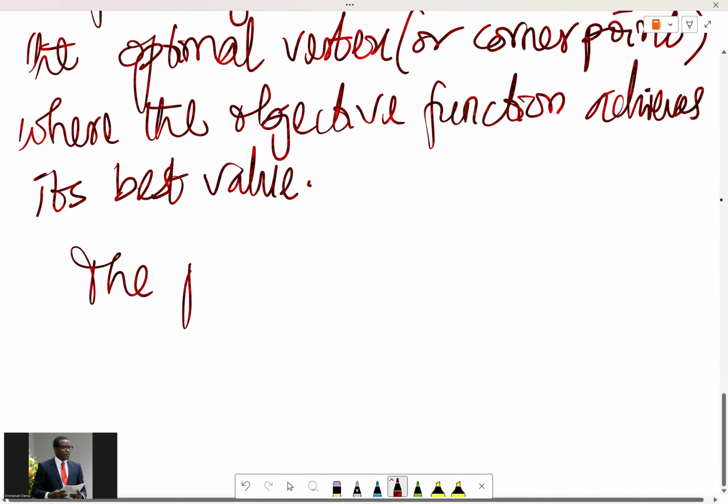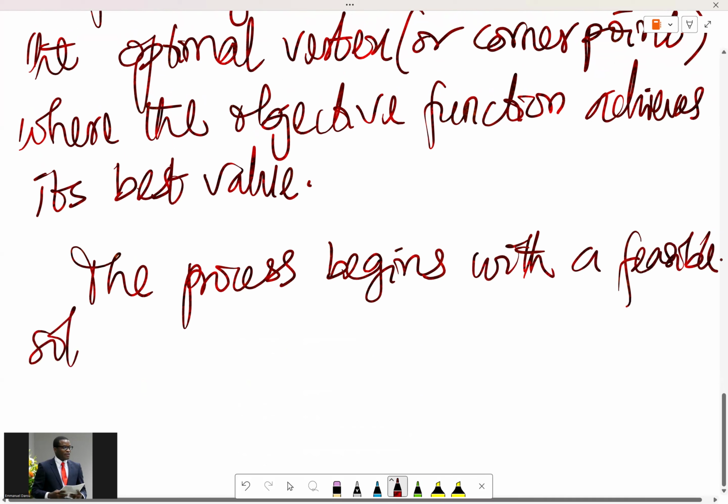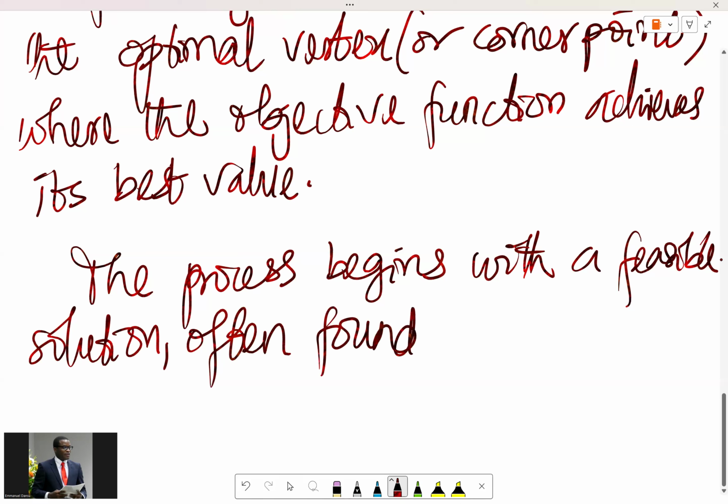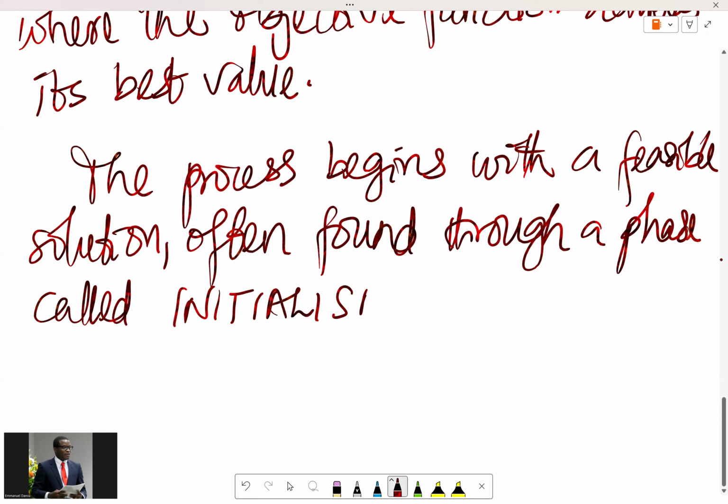The process begins with a feasible solution, often found through a phase called the initialization phase.